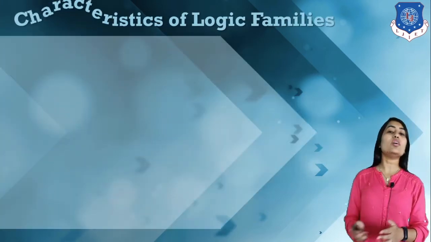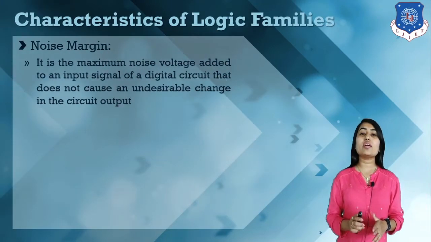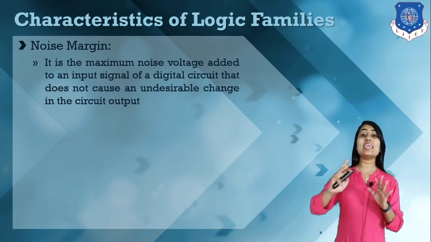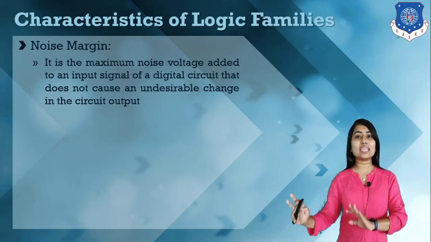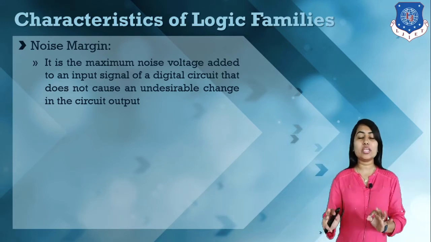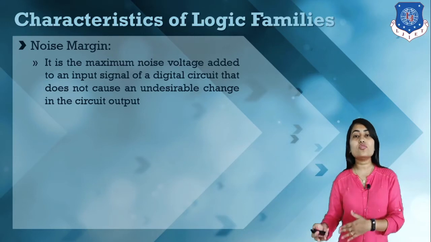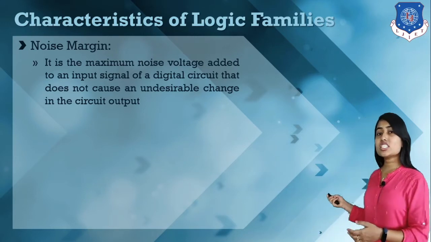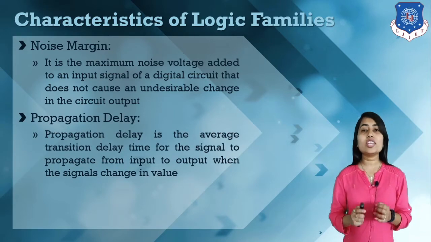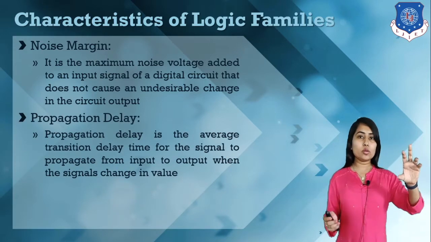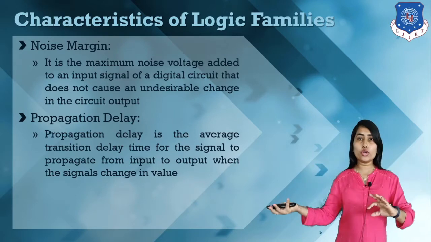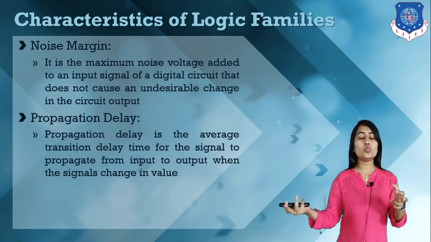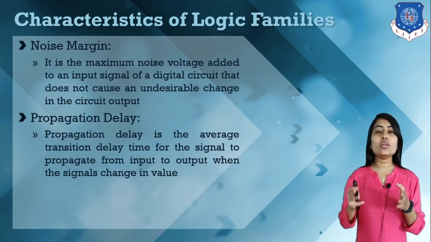Next we have noise margin, that means the maximum amount of noise voltage that our circuit can handle. Then we have propagation delay. If we provide an input and then an output is produced, there is some delay between the input and the output, and this delay is known as propagation delay.